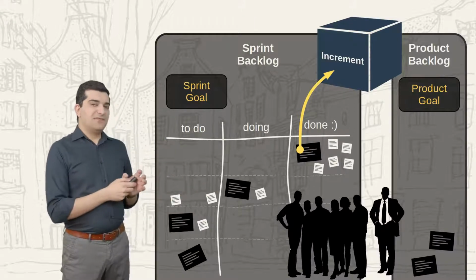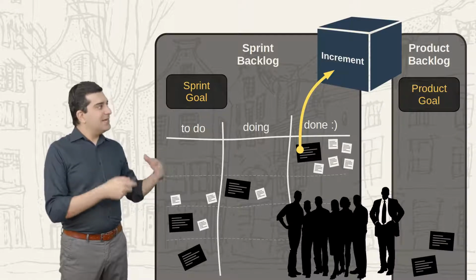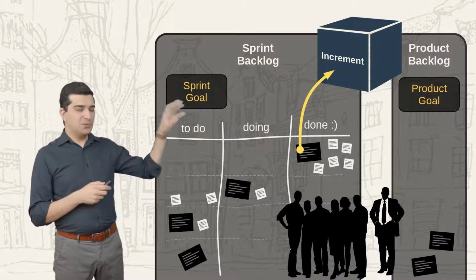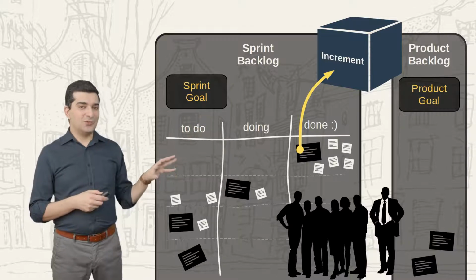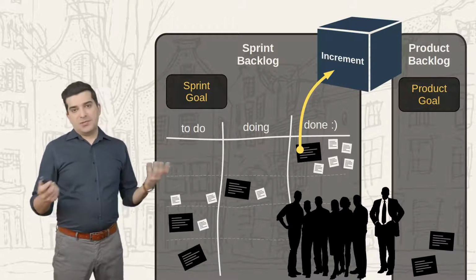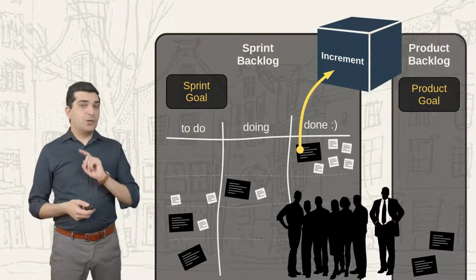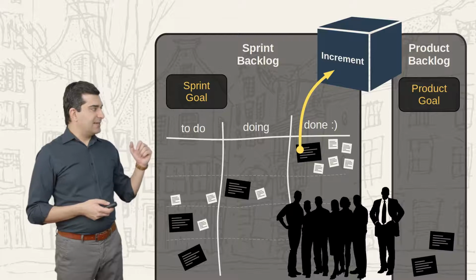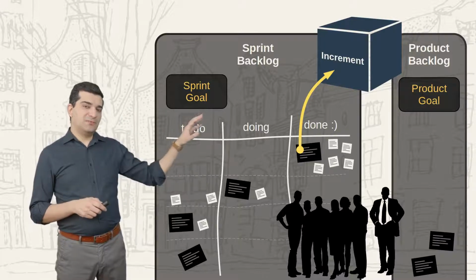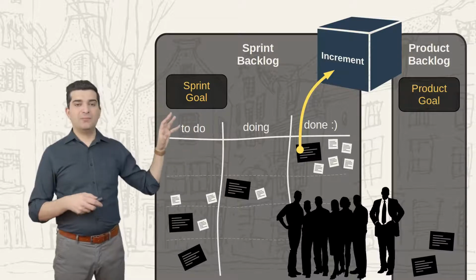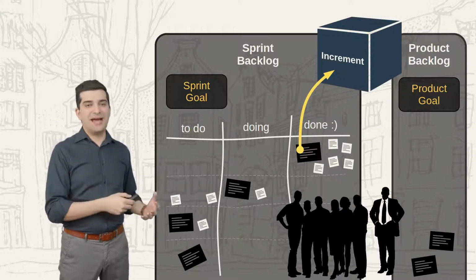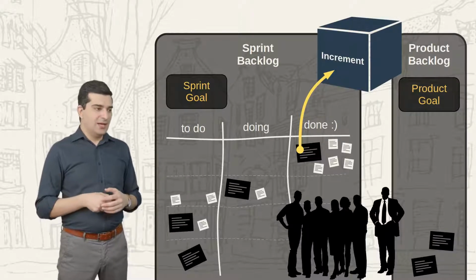And when we want to receive feedback based on that, we really need the increment to be done. We need everything that we put into that increment to be really done without problems. Otherwise, we cannot rely on the feedback. That's one reason. And the other reason is that if you don't completely finish everything and put something there, for example, it's not properly integrated or it's not compatible with other units there.